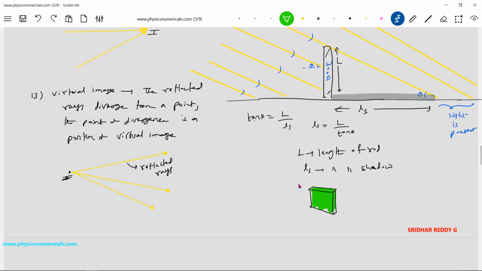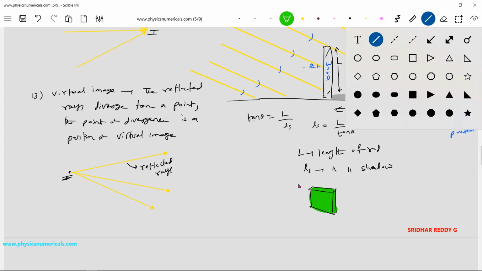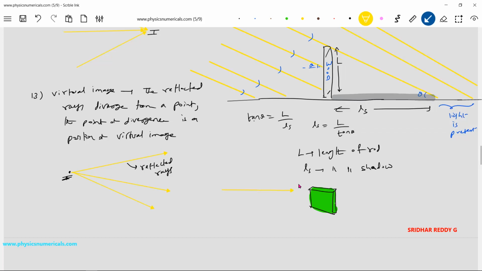There's a wooden lamina. Now let a parallel beam of light be incident on it. Do you see any shadow now? Yes, definitely. If you keep a screen, you can see the shadow of this object.